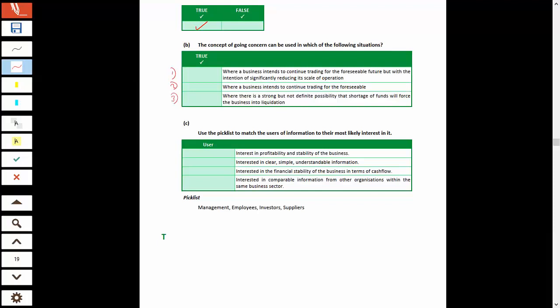The going concern is essentially a train of thought where we make plans and we make actions and movements under the assumption that the business is going to be here for the foreseeable future. So with that in mind, we can immediately eliminate this bottom one, can't we? Because if we're talking about forcing the business into liquidation, that is not assuming the business is going to be here for a significant amount of time. So that's one down.